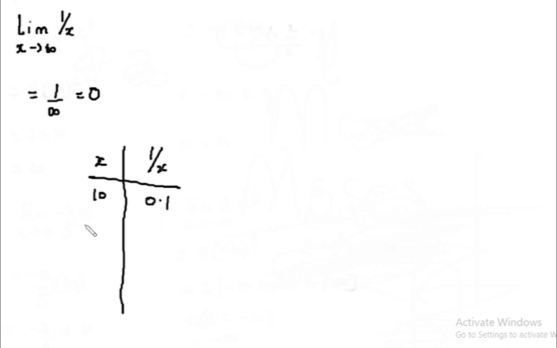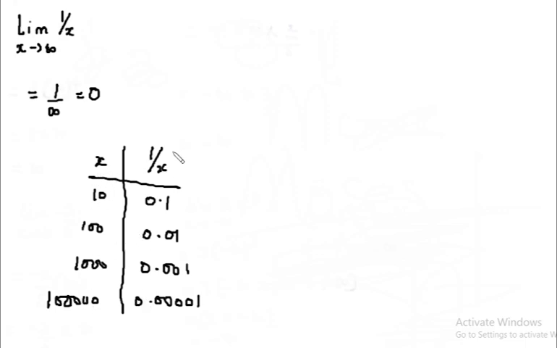If you put in 100, 1 over 100 is 0.01. Put in 1000, 1 over x will be 0.001. Put in 100,000, we would have 0.00001. So if you notice, the more we increase the value of x, the closer our function 1 over x gets to 0.